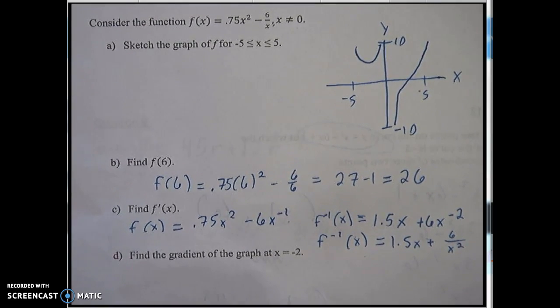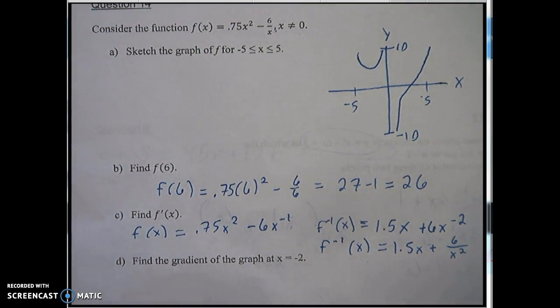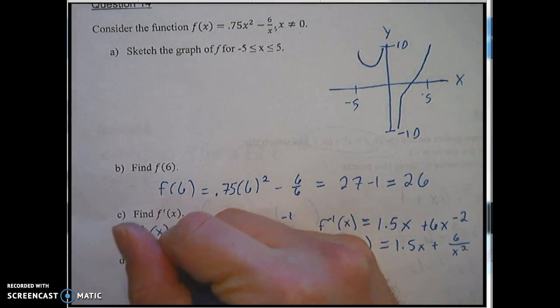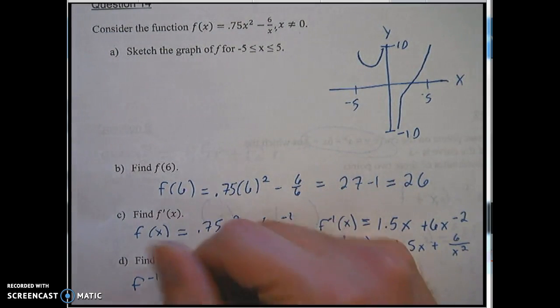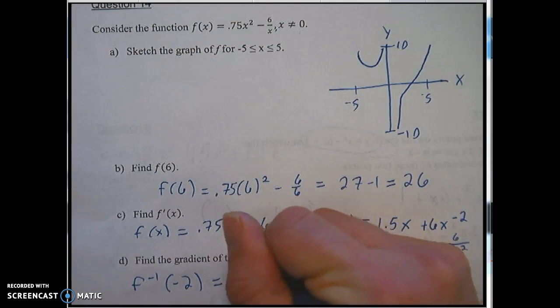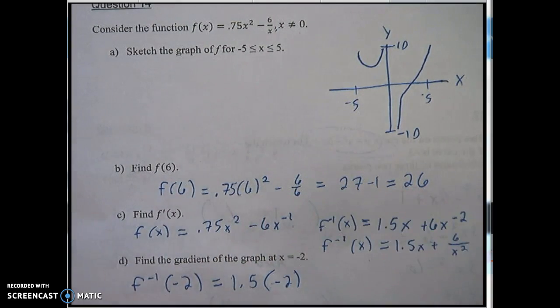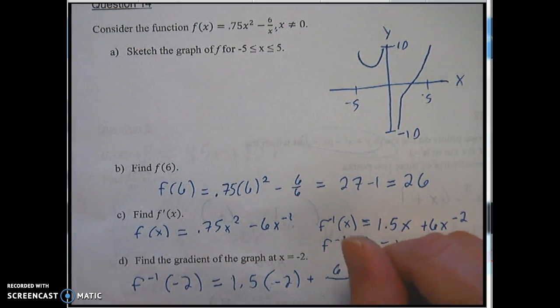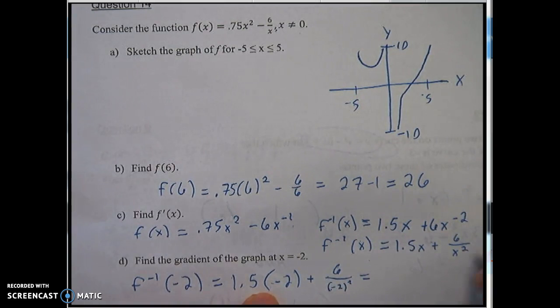Find the gradient of the graph at x equals negative 2. In other words, plugging negative 2 into the gradient function. So I'm going to do 1.5 times negative 2 plus 6 over negative 2 squared. That's going to be negative 3 plus 1.5, so that should be negative 1.5.